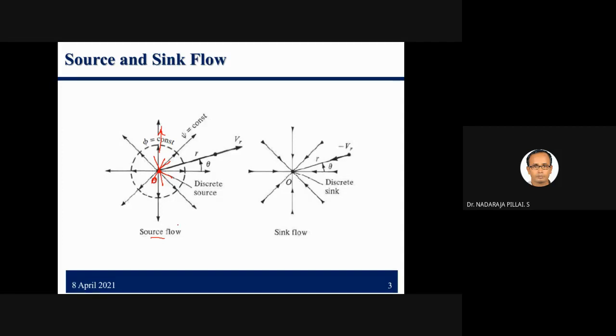And if it is the reverse, say all the streamlines are moving towards the origin O, it is termed sink flow. So we will be discussing the source flow and the sink flow. Here we can say that the stream function psi is equal to constant and phi is equal to constant.